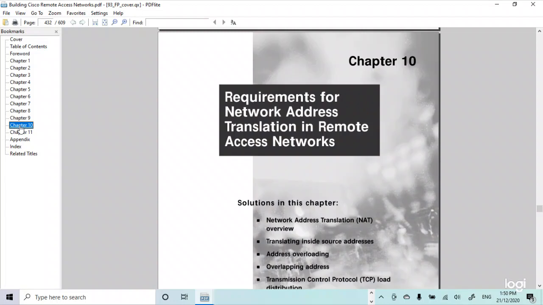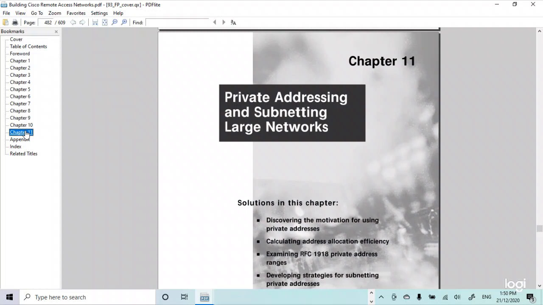Chapter 10 explains the requirements for network address translation in the remote access network. Chapter 11 covers private addressing and subnetting in large networks. So this is for today.